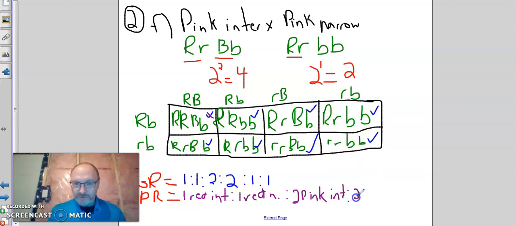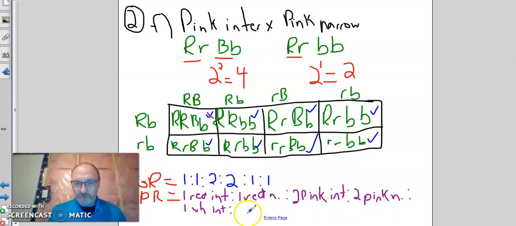So again, that's 2 that are going to be pink. And then little b is going to be narrow. And then we've got 1 individual that is little r, big B, so that's going to be 1 white. I'm just going to write WH for white. And then big B, little b again is going to be intermediate.